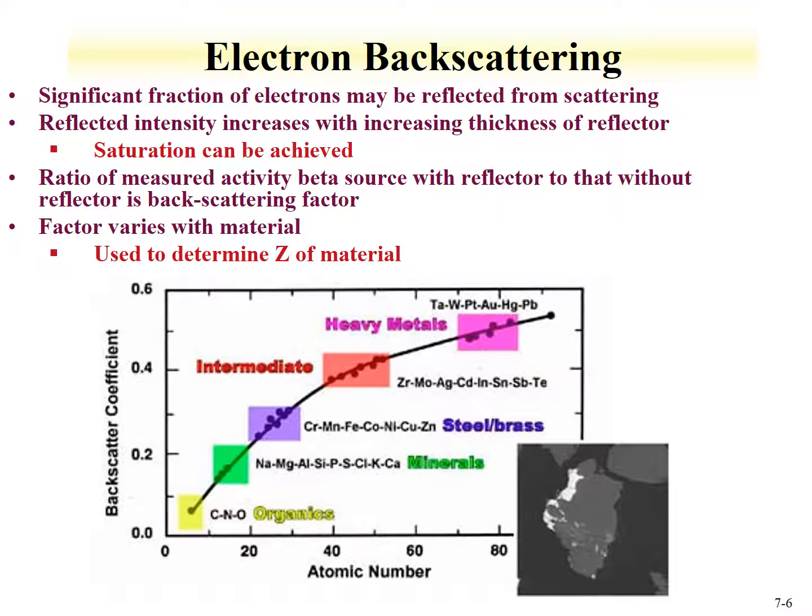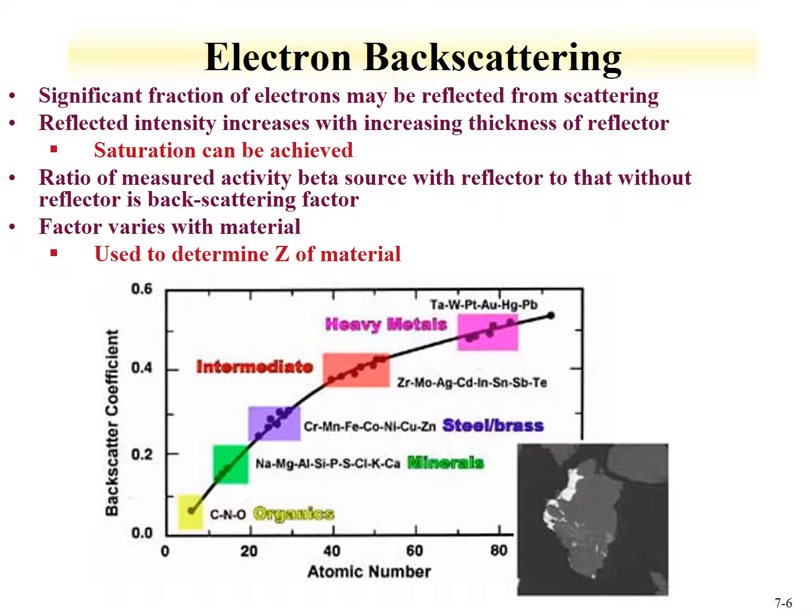One example of some of the differences in behavior with electrons is given here for electron backscattering. We use this with microscopy to evaluate information related to the Z of the material that's under examination. A significant fraction of electrons may be reflected from scattering.